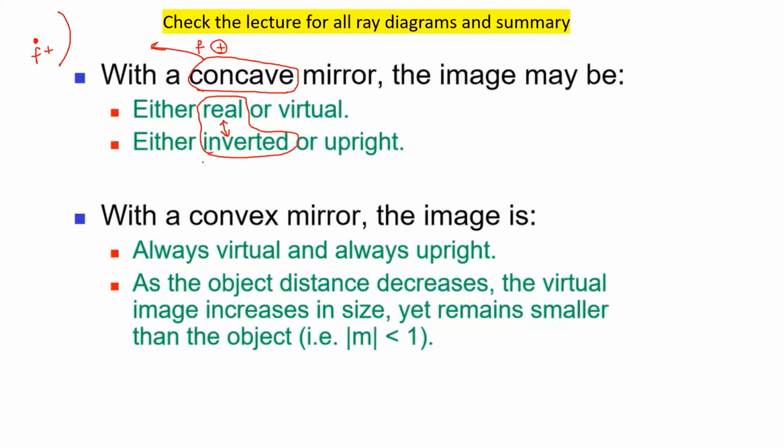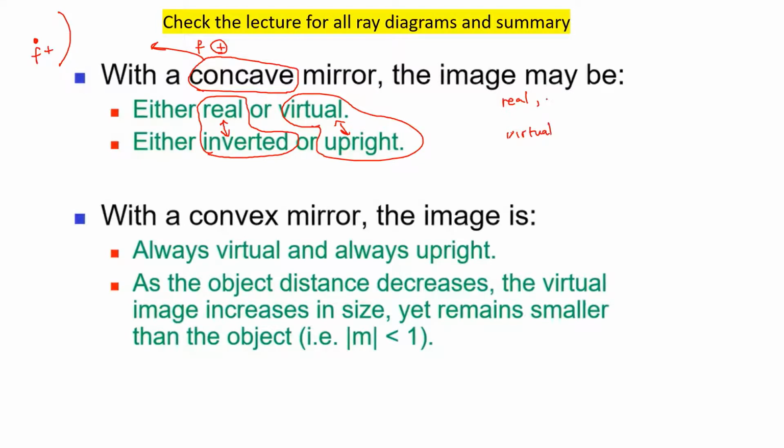Someone has asked me a question in the chat also. Usually real images are inverted and virtual images are upright. So these two things come together usually. They can be either real and inverted or virtual and upright. So for a concave, you can get a real image or a virtual image.